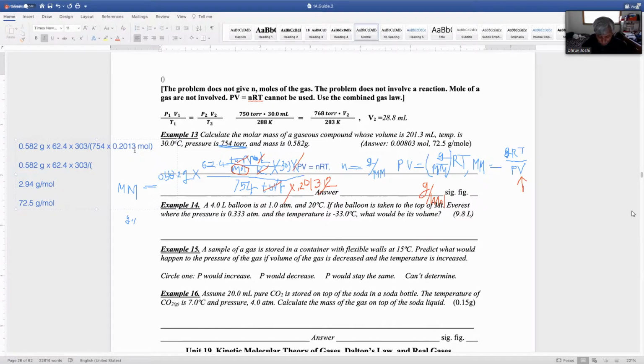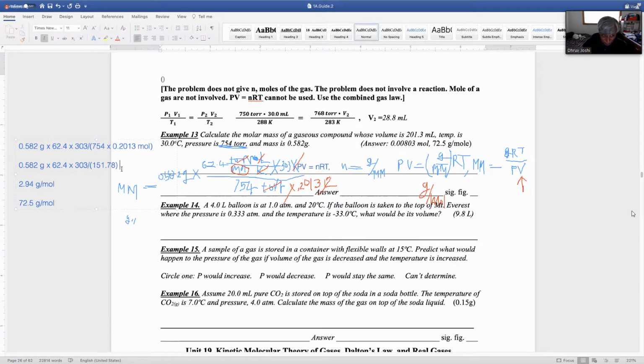Do that. 754 multiplied by 0.2013. So I got 151.78. So you are supposed to put it in parentheses, right? 151.78. Oh, not 78. You're right. 7, 8, whatever. 7, 8.